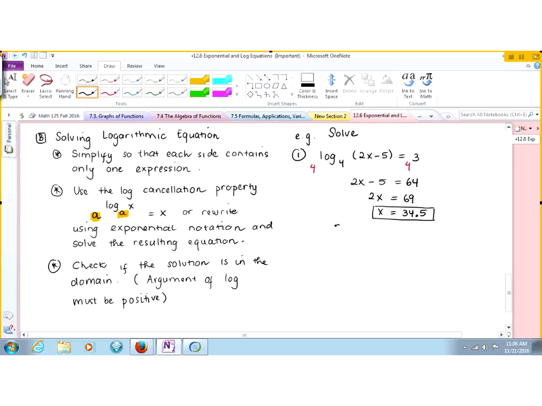So how do you check? So we just substitute here, right? So that's how you check. So 2 times 34.5 minus 5. Is it positive or negative? Remember, I need positive value here. So I need this to be positive. Is this positive or negative? Positive.